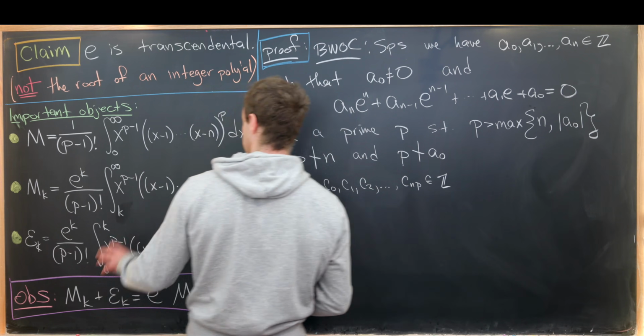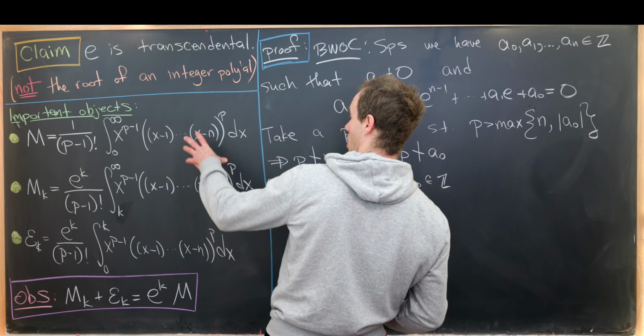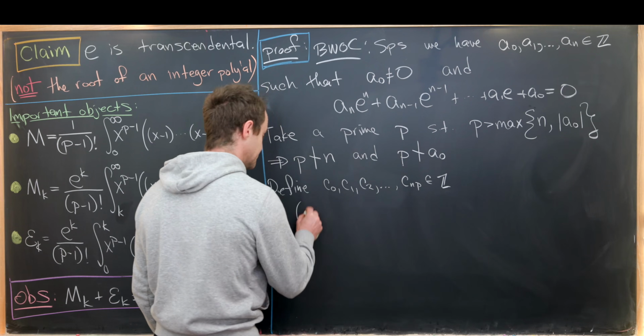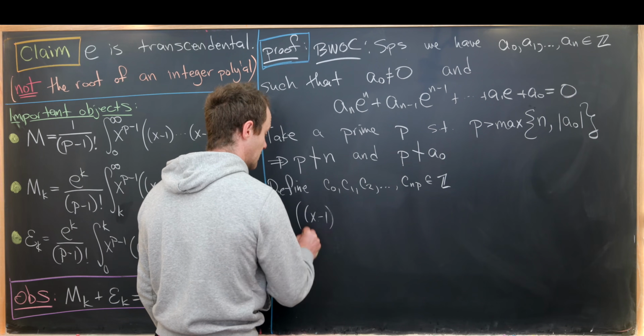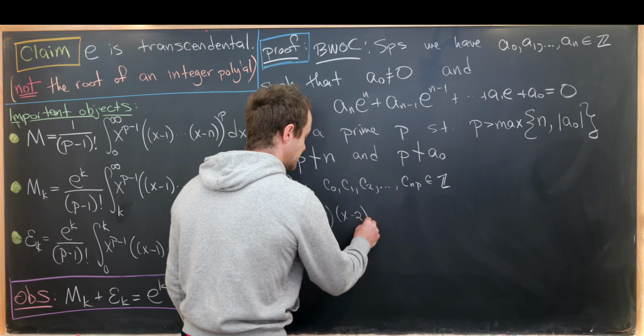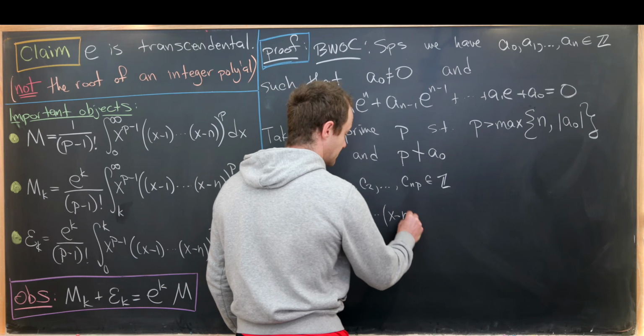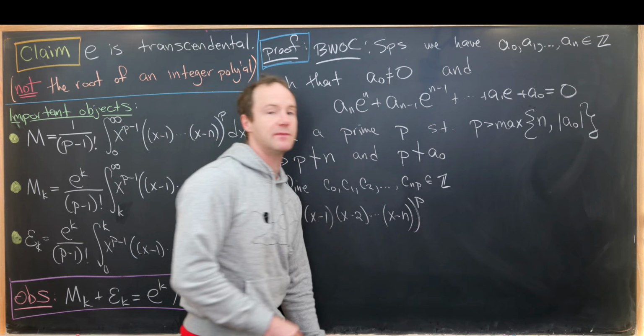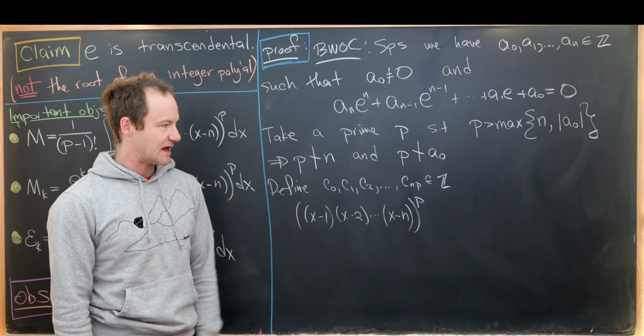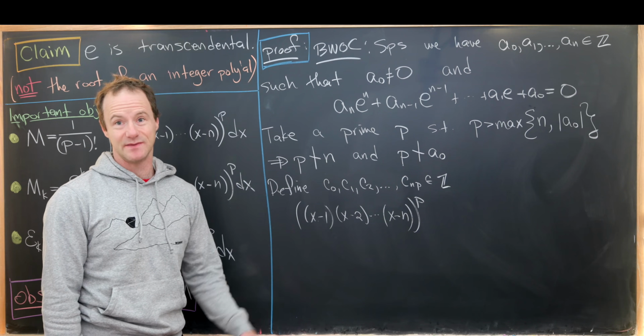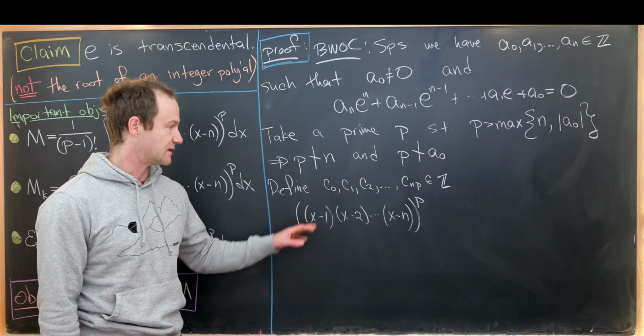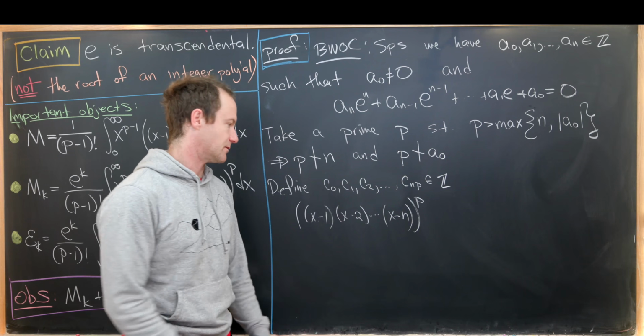It's the expansion of this polynomial that's within all of these integrals. It'll be x minus 1 times x minus 2 all the way up to x minus n, all to the p power. I'm going to expand this one step at a time so that we know something about divisibility among these numbers.